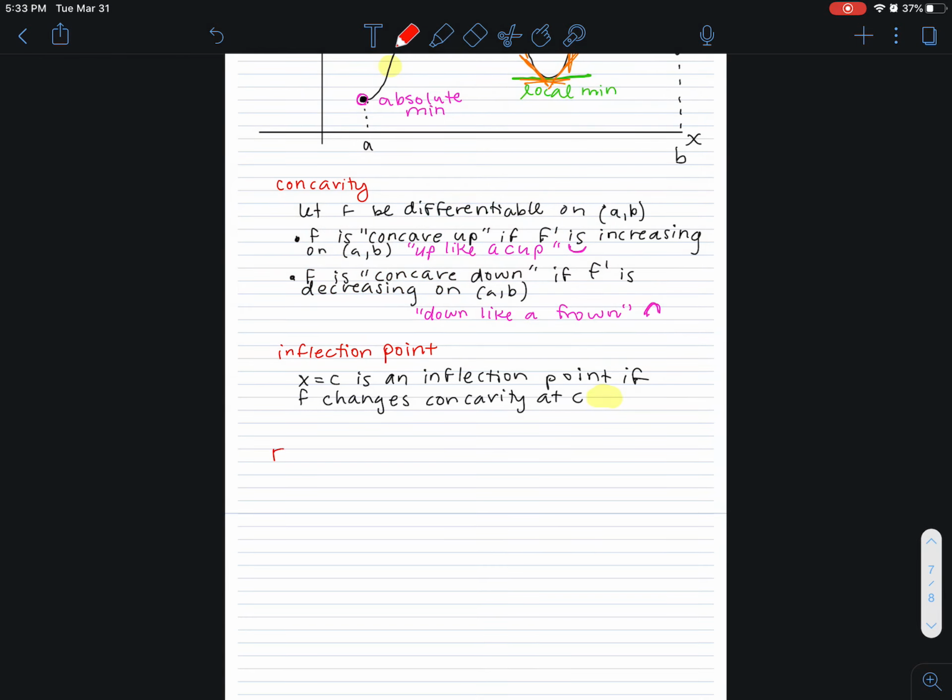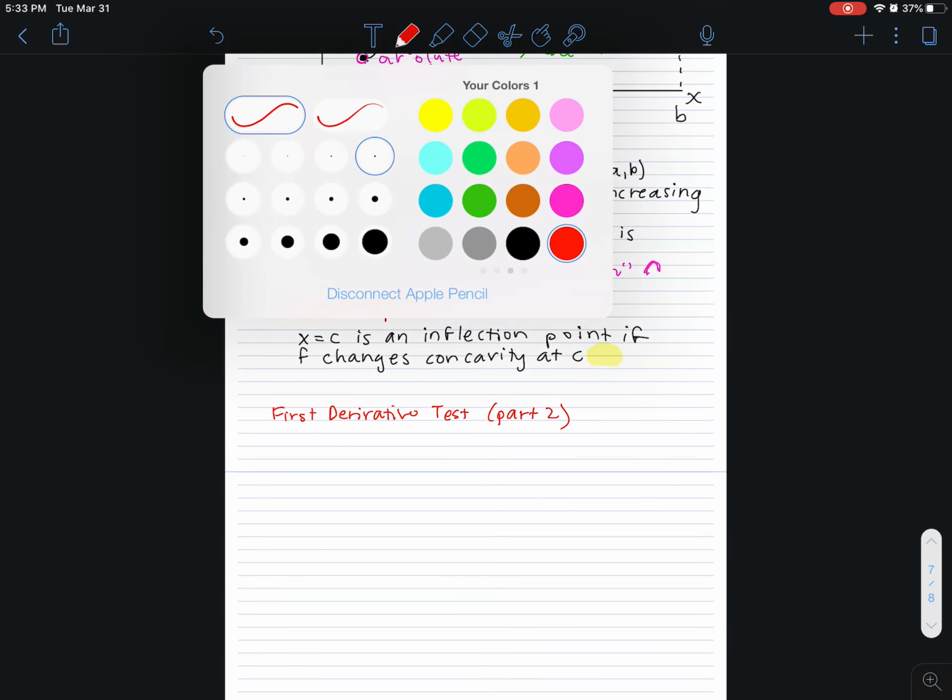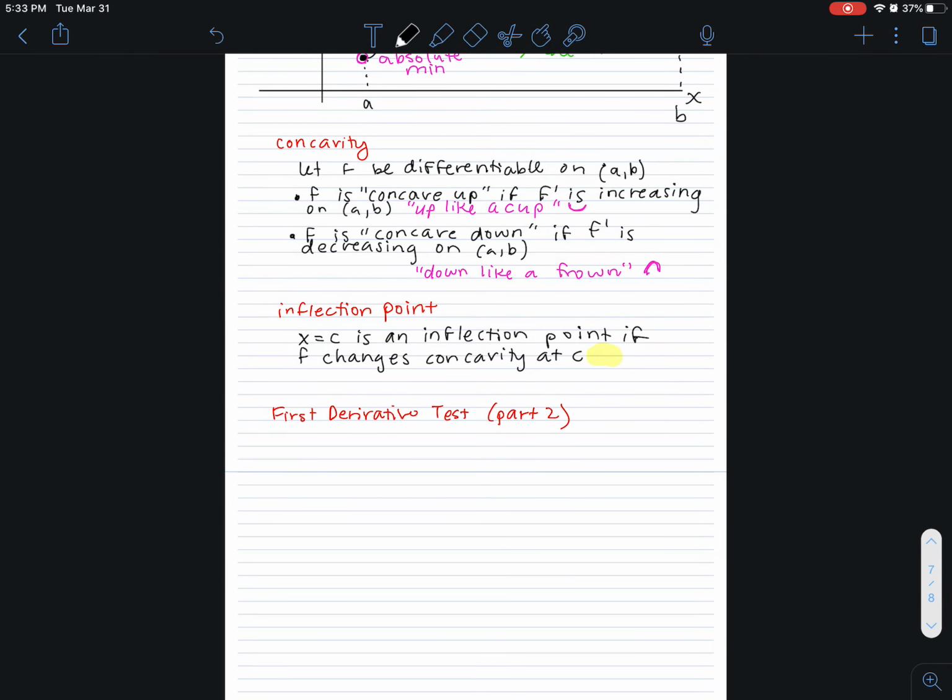So I'm going to write the first derivative test part 2. And that is basically 3 criteria.